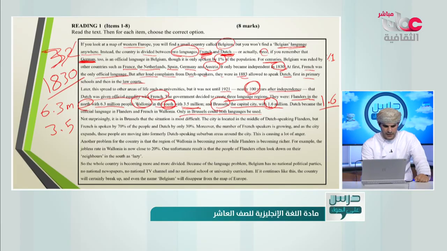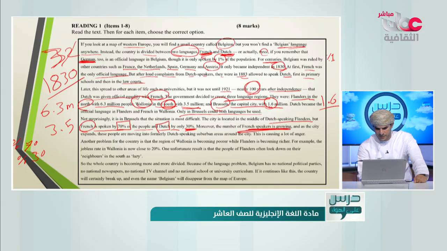Like this. Not surprisingly, it is in Brussels that the situation is most difficult. The city is located in the middle of Dutch-speaking Flanders, but French is spoken by 70% of the people and Dutch by 30%. Look, 70, 30%. The number of French speakers is growing.